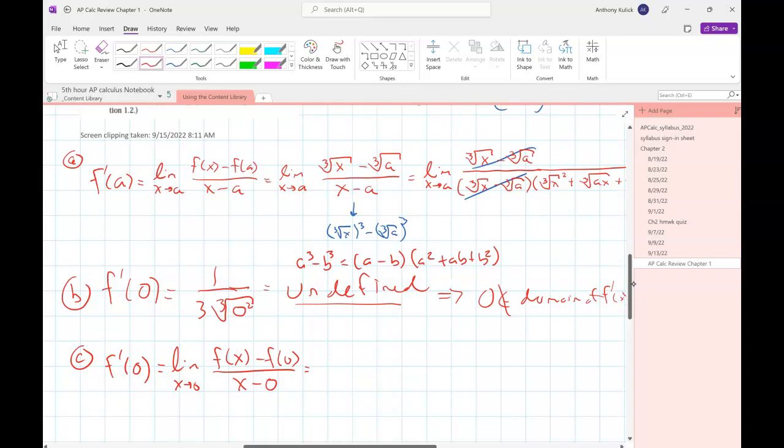Because you could have a jump discontinuity or a corner causing the derivative not to exist. But here we're showing specifically that it's the vertical tangent. So that's why I'm going back to my limit definition here.